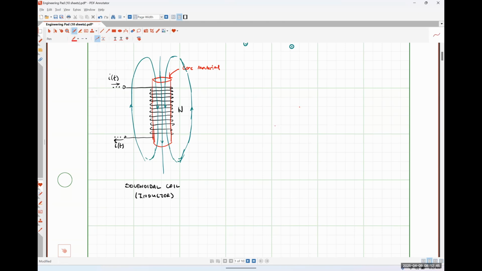So let's say that we have a donut-like shape like this. If we were to wrap a wire around this donut, we would form another type of inductor. Like I said, this is the toroidal inductor.